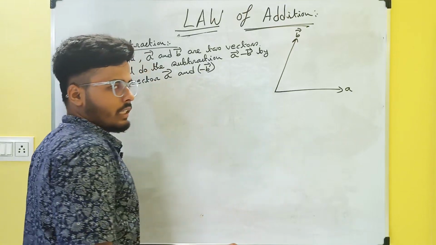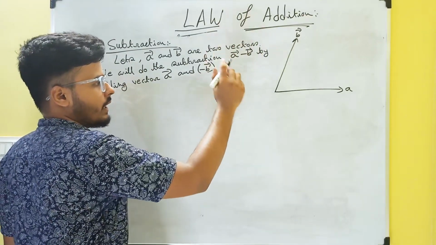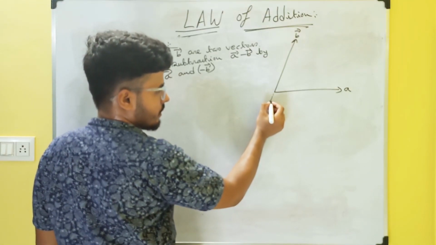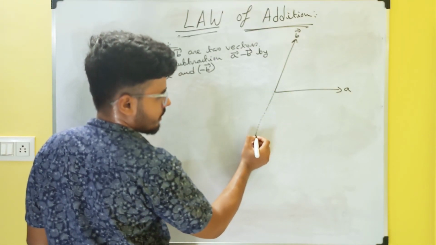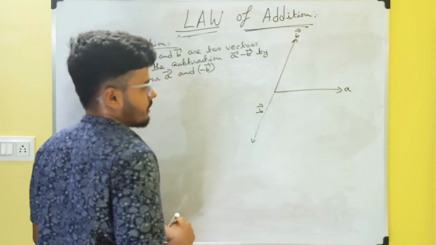Right? We learned that. Okay, this is the negative vector of B vector. Which one? This one. This one is the minus B vector.